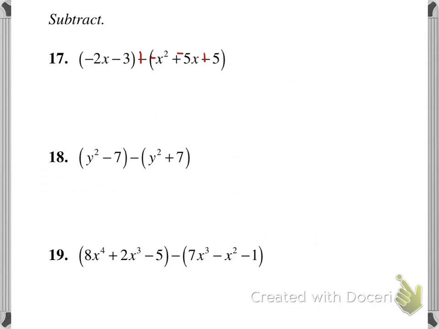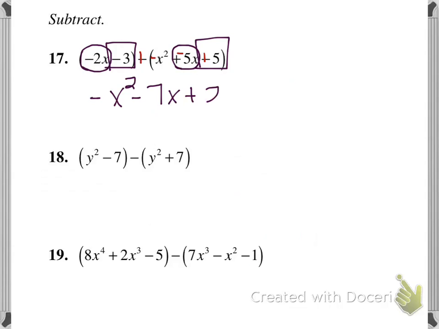Now I can combine my like terms. I don't have anything to combine with the squared term, so it just stays negative x squared. I have a minus 2x and a minus 5x, so that's minus 7x. And then I have a minus 3 and a plus 5, which gives me plus 2. And that would be my final answer.